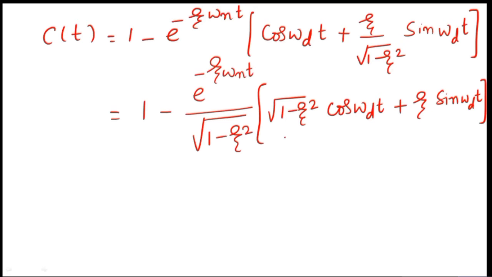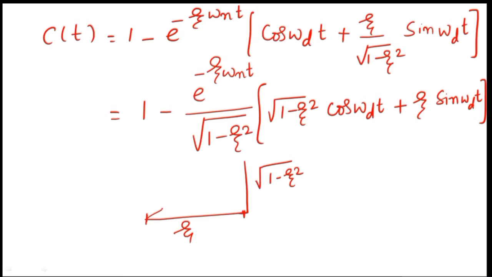So the relation between root of 1 minus zeta square, zeta and 1 is like this. If this is zeta, then this value may be root of 1 minus zeta square.